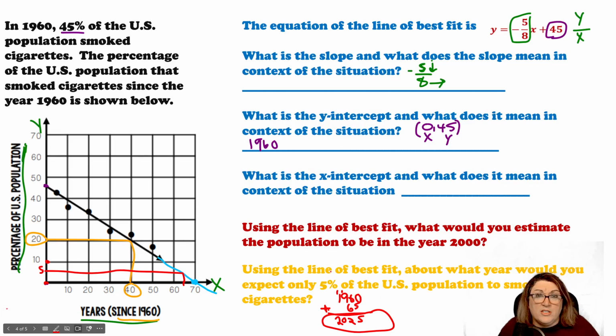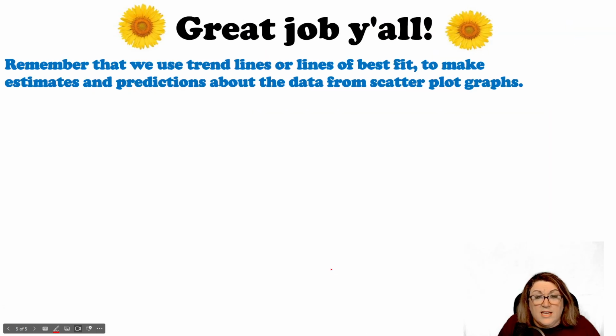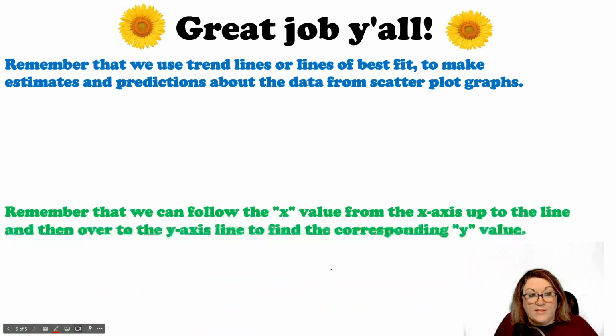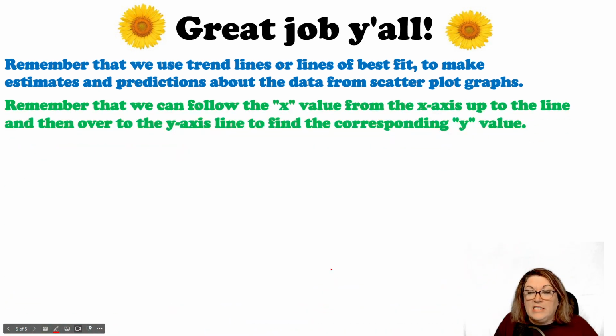So you might want to watch this one a couple of times to get it right. But great job, you guys. Remember that we do use these trend lines or lines of best fit to make estimates and predictions about the data from scatter plot graphs. Remember that we can follow the X value from the X-axis up to the line and then over to the Y-axis to find the corresponding Y value.